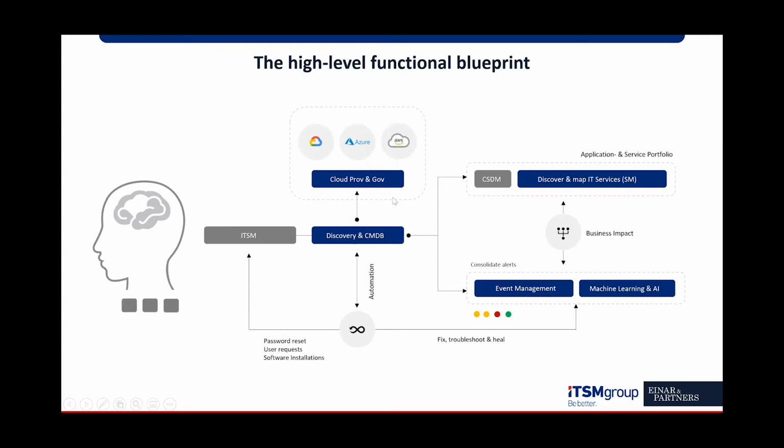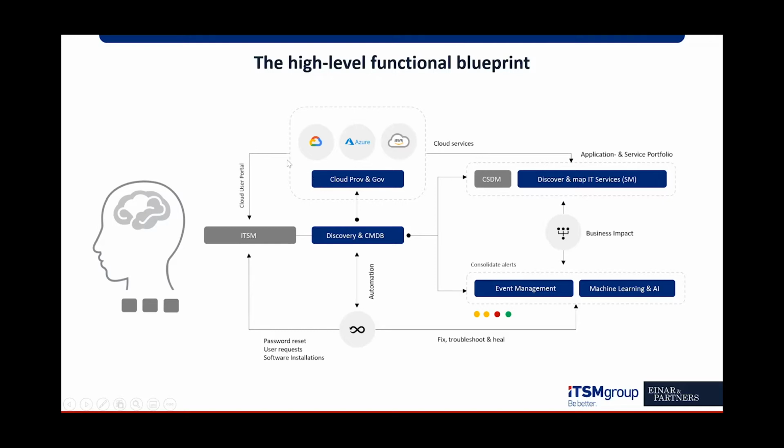Now, here we have another part, which is these days called cloud provisioning and governance. For you old schoolers out there, you might know this as cloud management. But also here, there is a correlation. So when you start doing cloud management, then cloud services would tightly be correlated to your application and service portfolio.